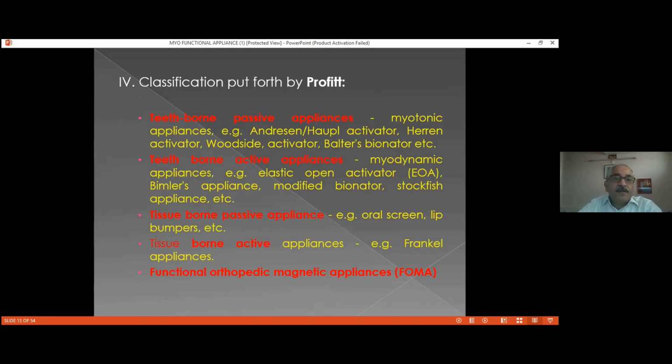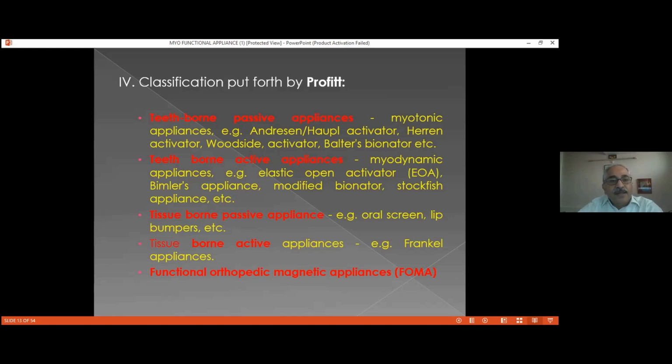Now, teeth-borne passive appliances are myotonic appliances, given by Andresen and Haupl. The myotonic appliances rely on the muscle mass and the resting muscle pressure.